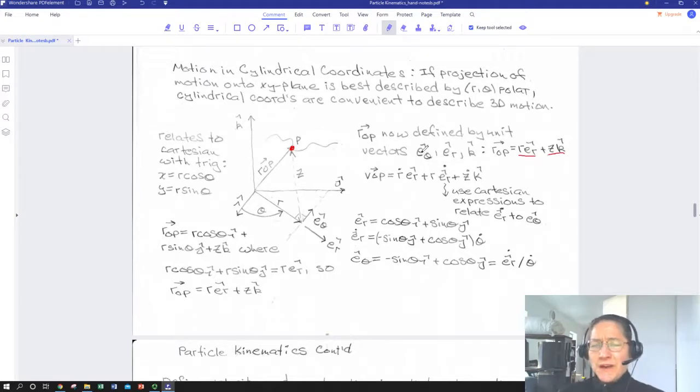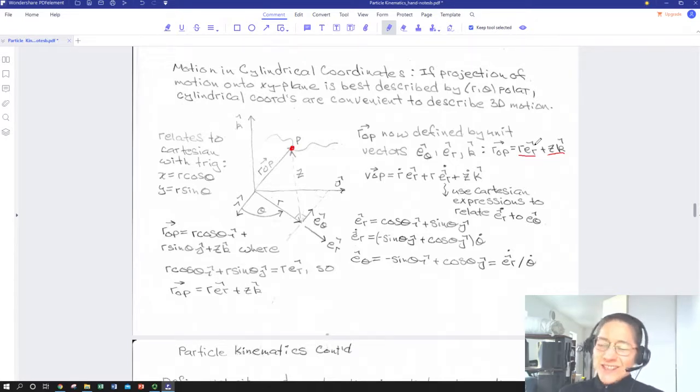Notice we have an r, theta, z coordinate system, but my position doesn't include a theta. The r effectively already contains it. And what we're saying is I'm going to go a length of r in whatever direction my r unit vector is pointing.